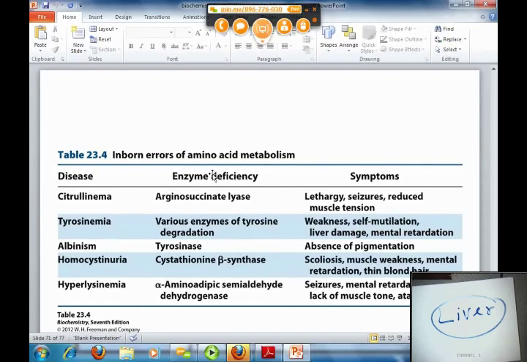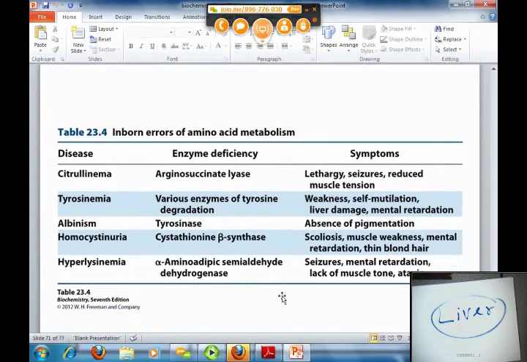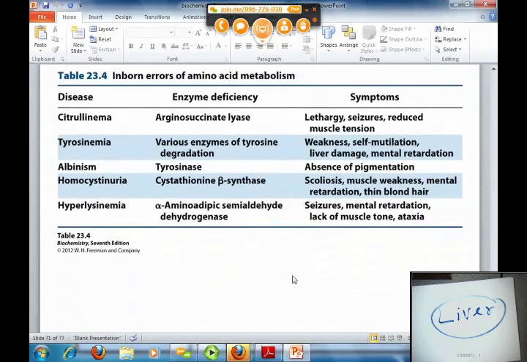Or give me a disease which is the deficiency of tyrosinase, or the mutation or malfunction of this: albinism, that means you don't get melanin pigment, so the person will become albino, okay? And homocystinuria, another disease. Hyperlysinemia, another disease. So you can see the symptoms. This is a very good question for your exam, like a match the following. So please remember this table.